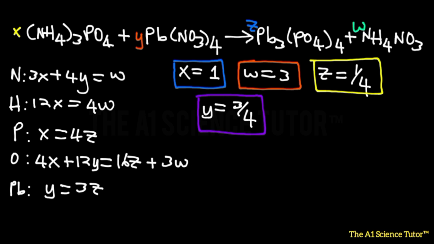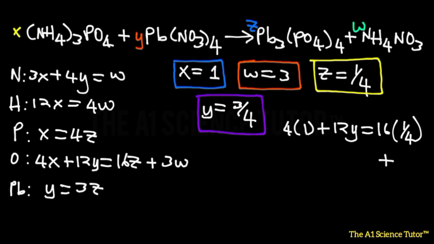Okay. Let me try using this equation with the values of x, y, and z. So this will be 4 multiplied by 1 plus 12y. And on this side, we're going to have 16z. Z, that is 1/4 plus 3w. So that will be 3 multiplied by 3. So here we're going to have 4 plus 12y.